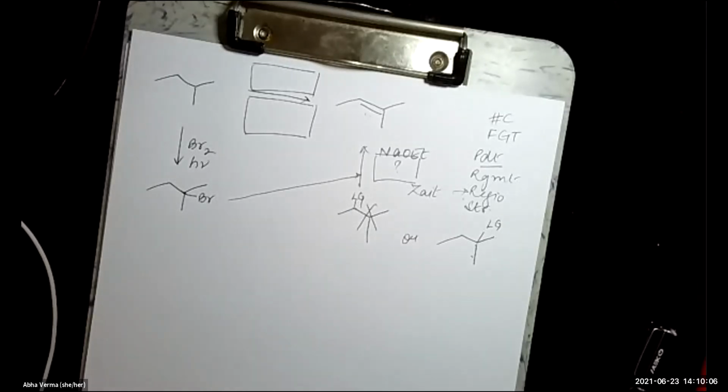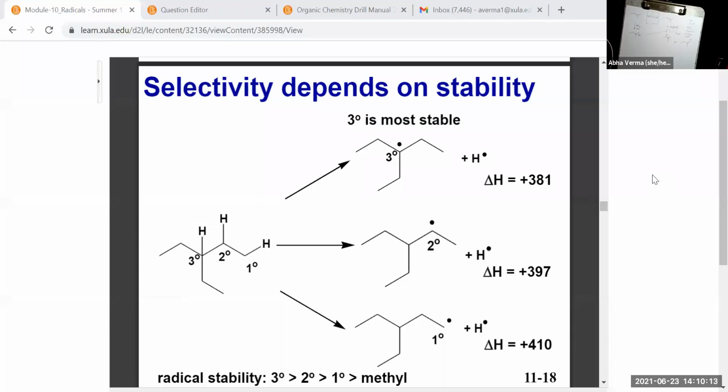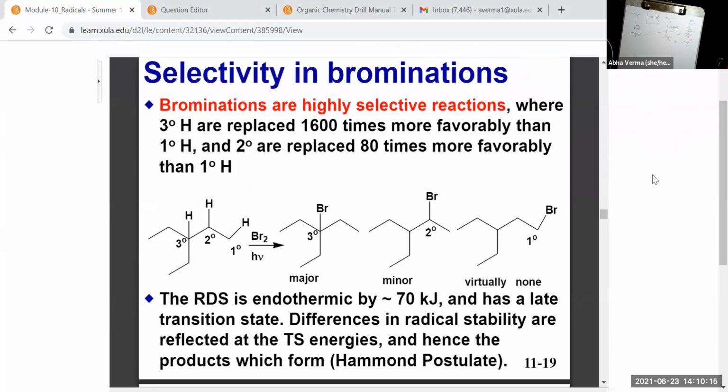Now the next part of this halogenation mechanism is that brominations are more selective than chlorinations. So remember, first of all, halogens will only undergo a bromination or a chlorination, never iodination, never fluorination. And among the brominations and chlorinations also, bromines are highly selective.